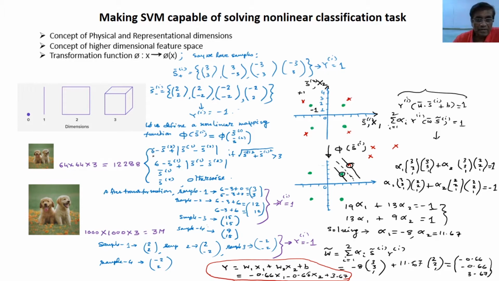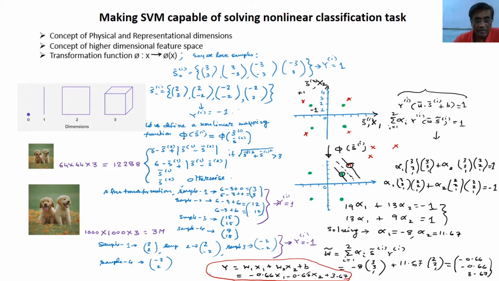And the nature of the function is 6 minus sample 1 plus sample 2, plus mod of sample 1 minus sample 2, if sample 1 square plus sample 2 square is greater than 3.